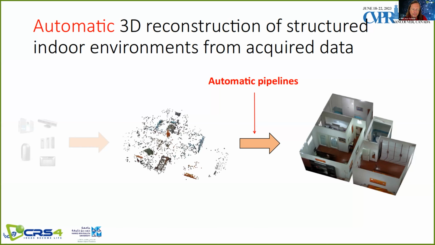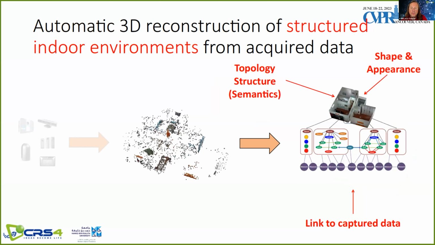This is important because several pipelines that have been proposed require the user to operate the device in some particular guided way to obtain the model. What we want is to have the data from the device and then process it in the most automatic way as possible.